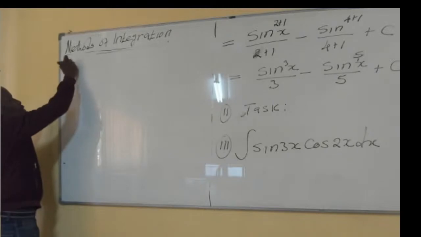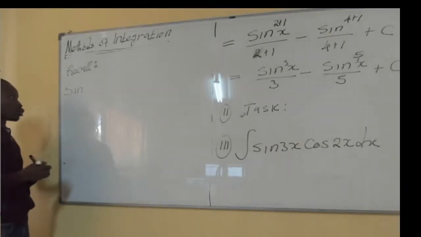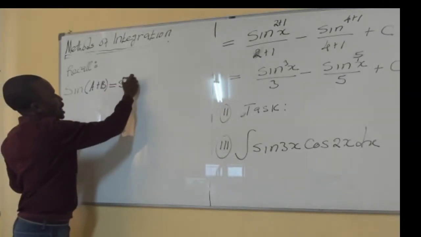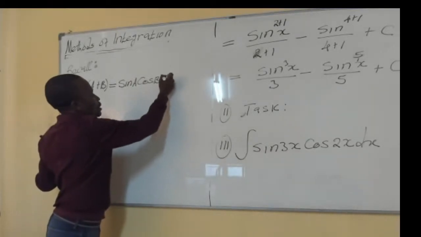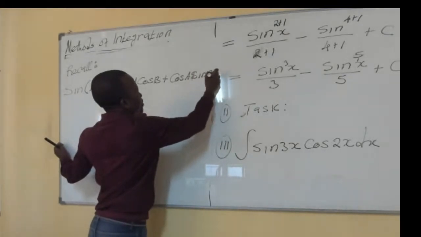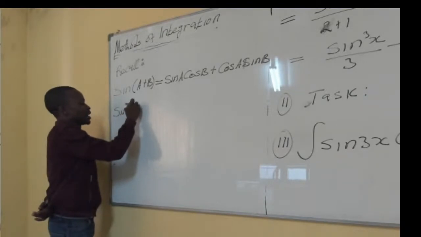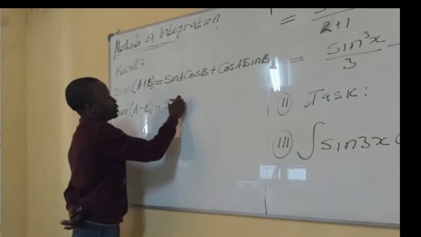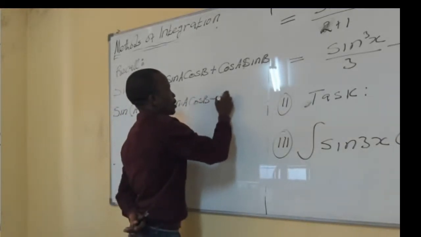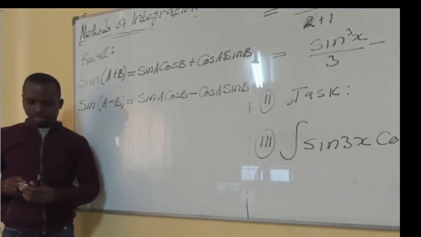Recall that sine of A plus B is equal to sine A times cosine B plus cosine A times the sine of B. Also, the sine of A minus B is equal to the sine of A times the cosine of B minus the cosine of A times the sine of B. This is what you learned.